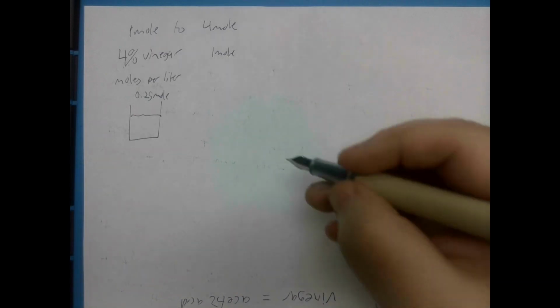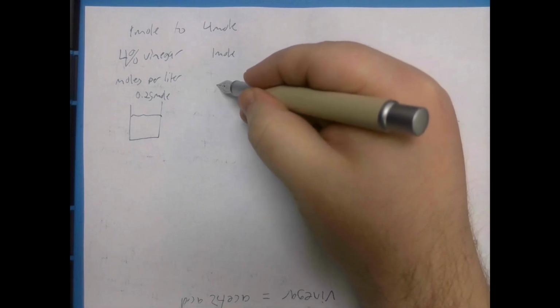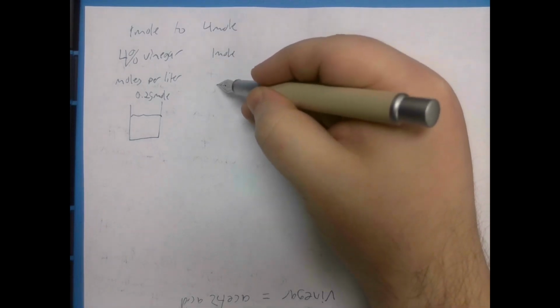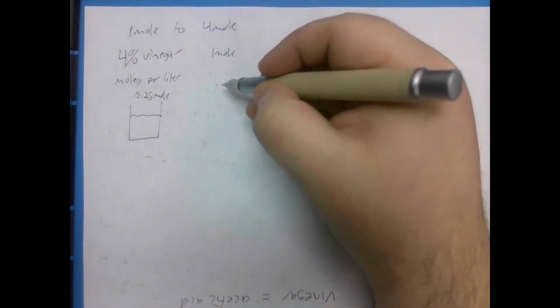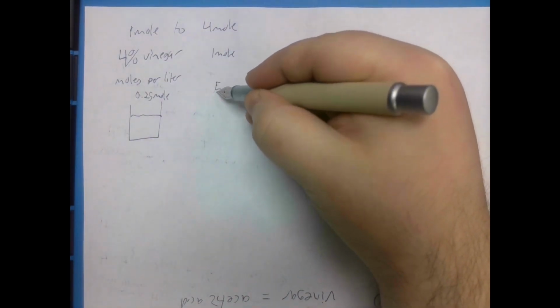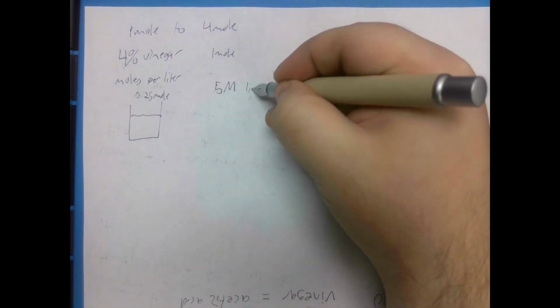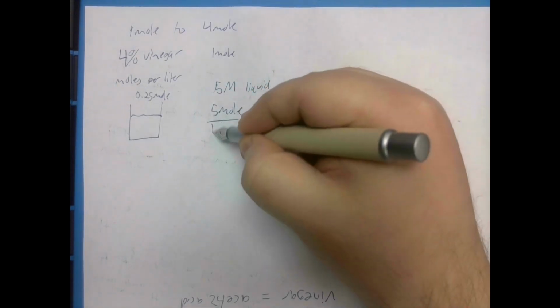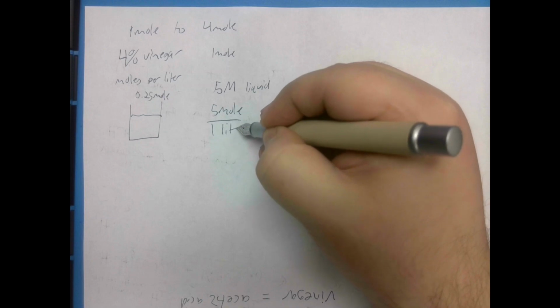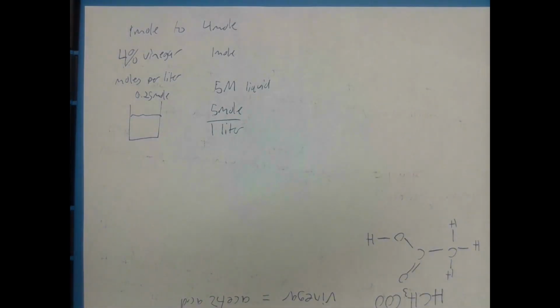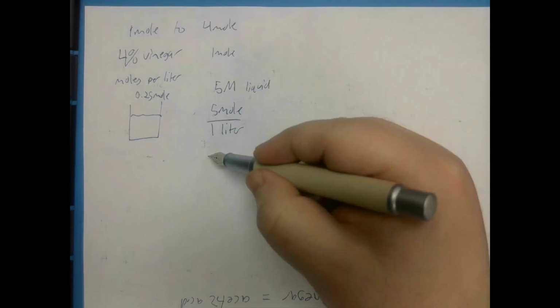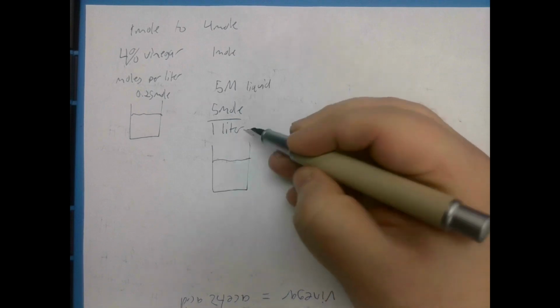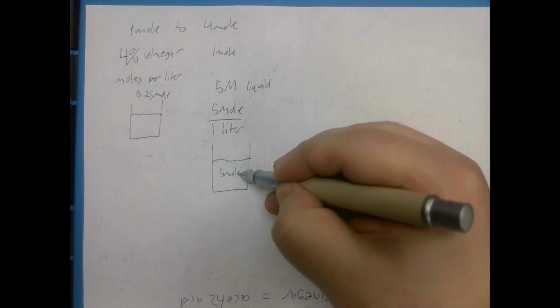So acids are usually given in what's called molarity. Molarity is moles per liter. So we could have, like, a 5 molar liquid. What this tells us is we get 5 moles per 1 liter of the liquid, which means if we have a full liter of it, we'd have 5 moles inside of it.